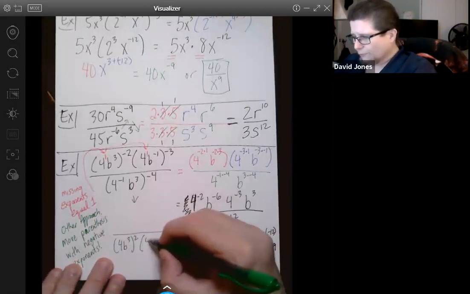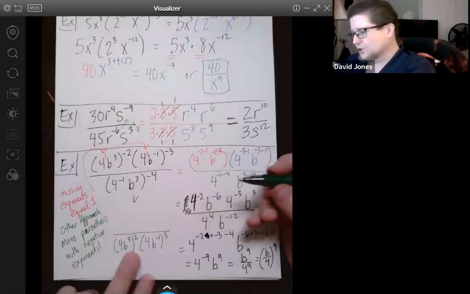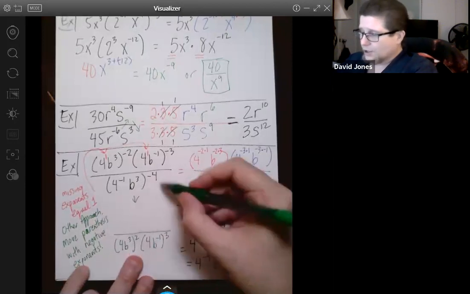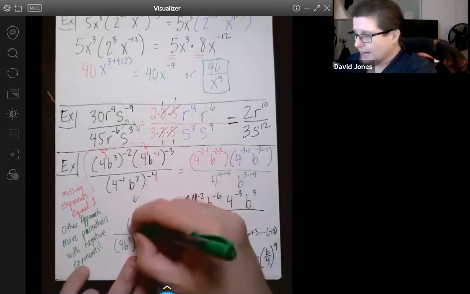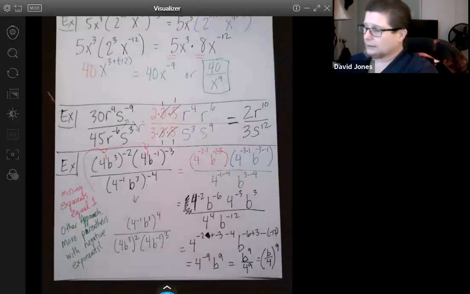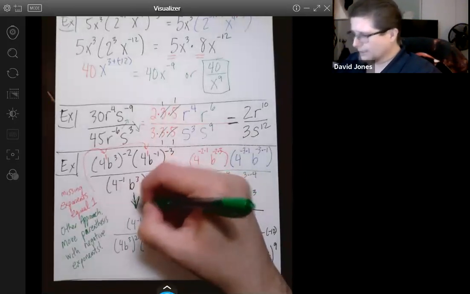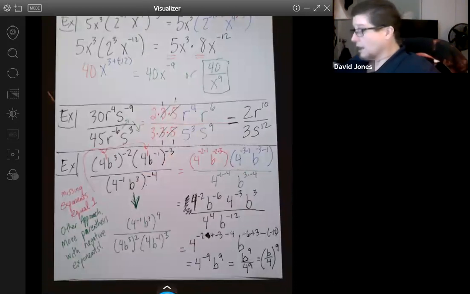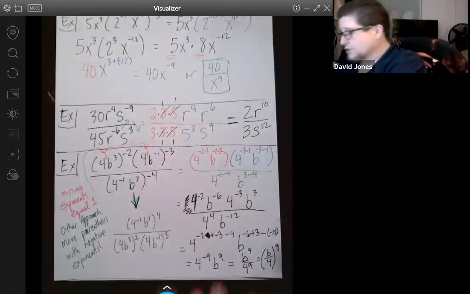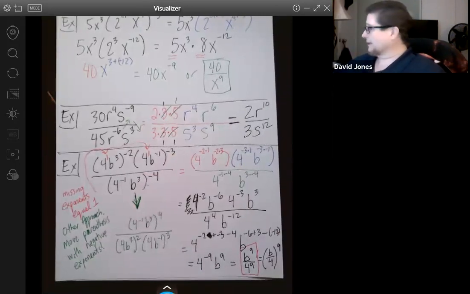And I could have put the 4b to the negative 1 on bottom and made the exponent cubed. That one's squared, this one's cubed. And then I could have moved the bottom parentheses up to the top and made that negative 4 into a positive 4. And then gone through and done the same thing. So that's what I meant by moving parentheses with negative exponents. In all situations, you should end up with b to the 9th power over 4 to the 9th power if you did it correctly. All right?